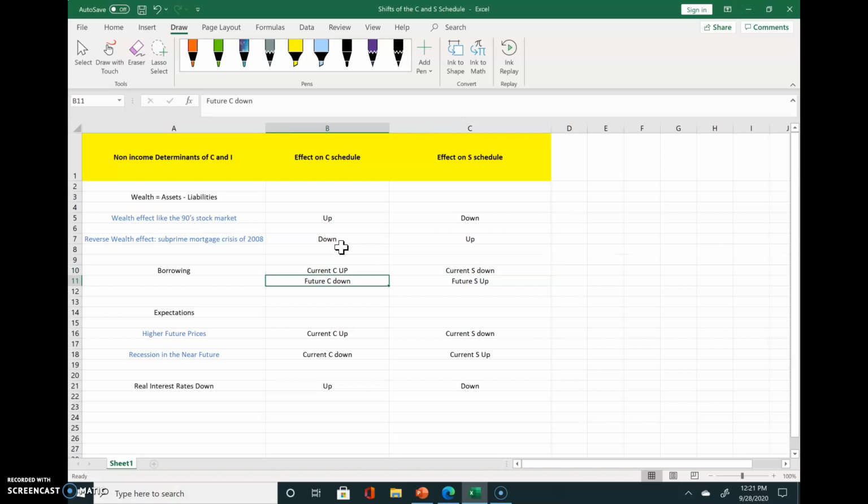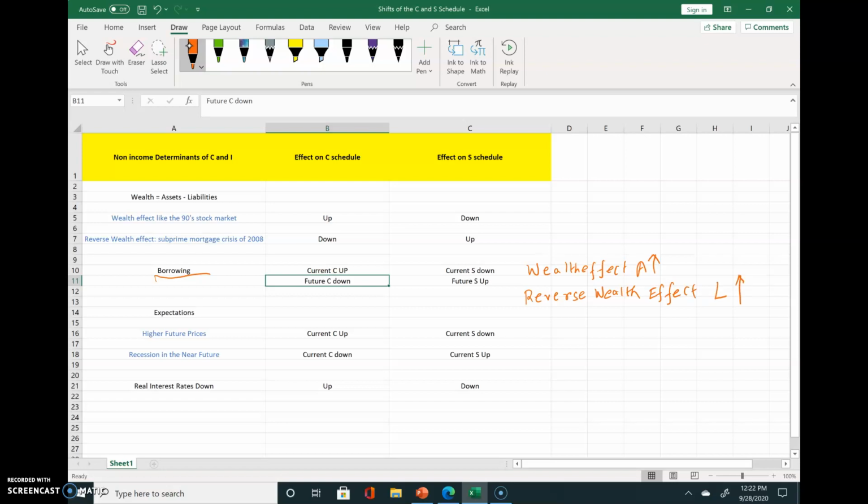Now, what happens to the future consumption and to the future savings? Whenever a household is borrowing, this leads to some wealth effect because the assets are going to go up, but in the future this will lead to some reverse wealth effect because you have to pay back what you borrowed and the liabilities will go up.